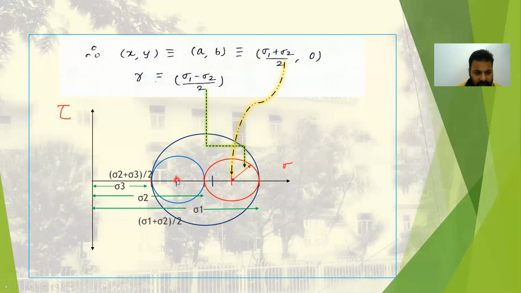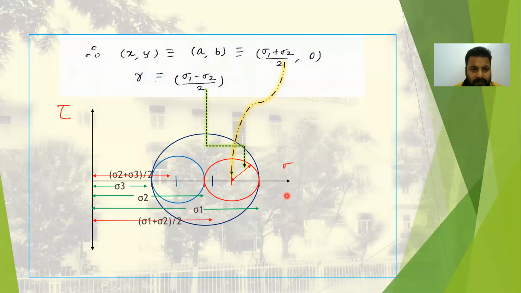And the center of the smaller circle is at (sigma 2 plus sigma 3) by 2, whereas the center of the other circle is at (sigma 1 plus sigma 2) by 2. And for this red circle, the coordinates and the radius have been shown.